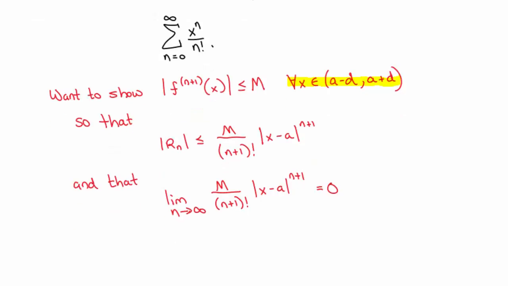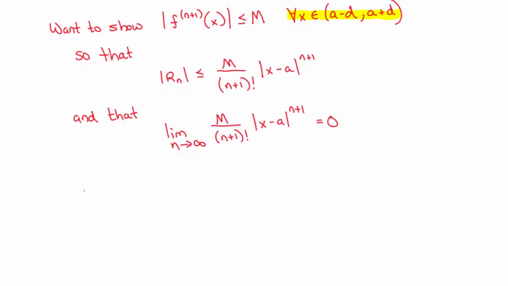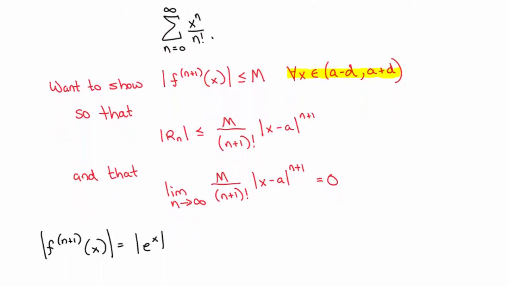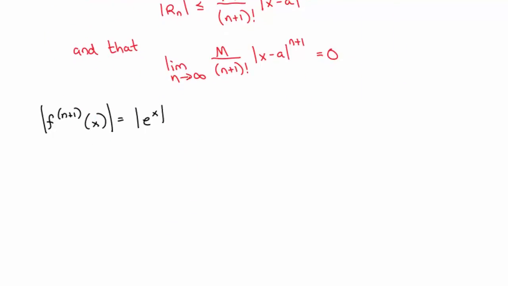So the n plus first derivative of f of x, in absolute value, is forever equal to just e to the x, because our function, remember, is e to the x. You take as many derivatives as you want, and that's still just e to the x. Now, we're centering at 0 because we're worried about the Maclaurin series.